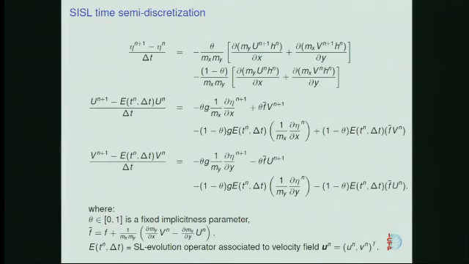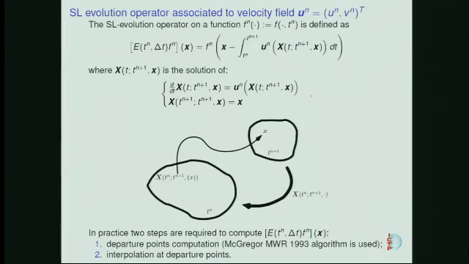In fact, capital E is the semi-Lagrangian evolution operator. This is the mathematical definition of it, but in practice it means only that you have to trace back the departure points, and then you have to interpolate at these departure points.